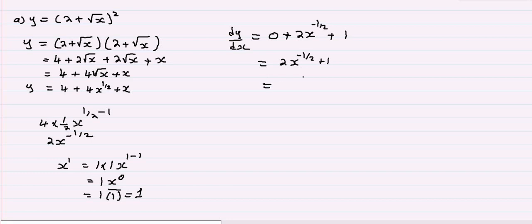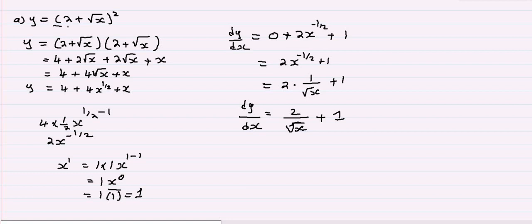Or if you want to simplify it further, it is the same as 2 multiplied by 1 over the root of x plus 1, which is still the same as 2 over the root of x plus 1. This is your dy over dx.